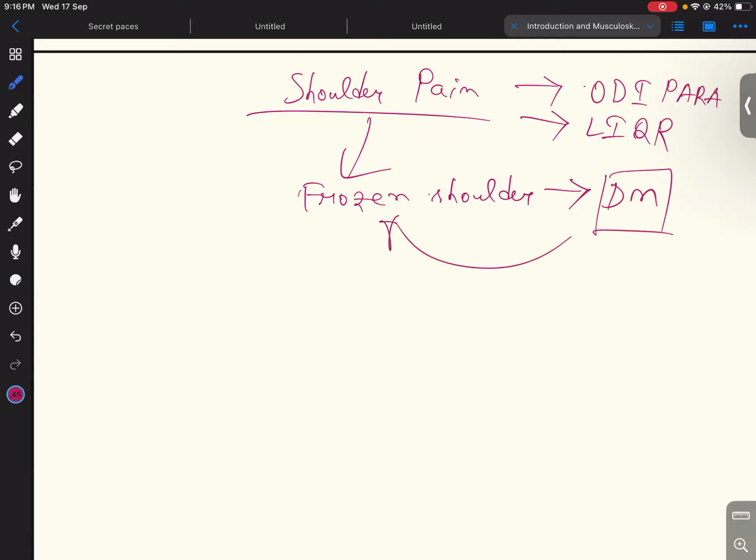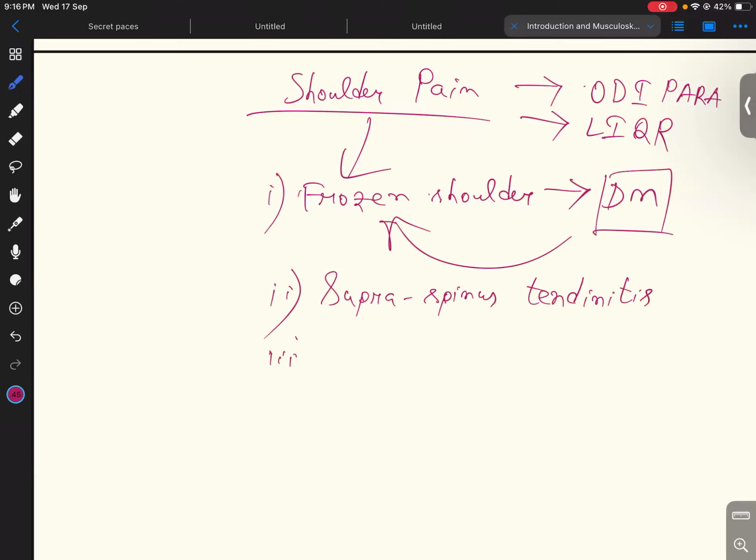But what would be the differential diagnosis? The differential diagnosis of frozen shoulder will be supraspinatus tendinitis. You have to tell the differential diagnosis also to get the full mark in the DD.